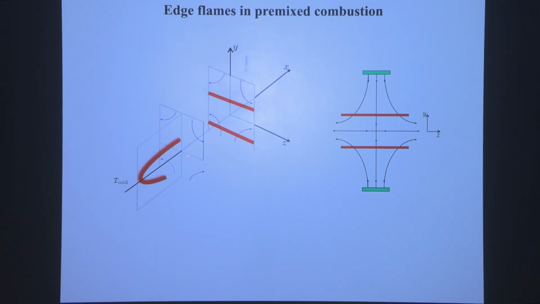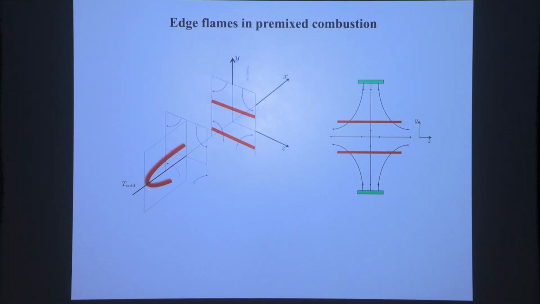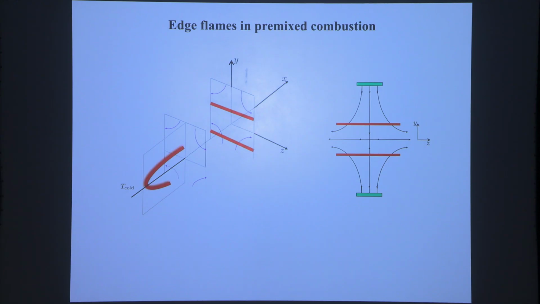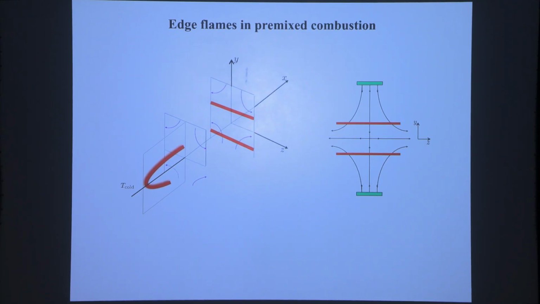But suppose that here now the temperature is cold, so the flame cannot extend all the way. So it will have to end somehow. And so it ends by having a curved section that connects the two, and that's what I try to describe here. So on this end, it doesn't extend all the way, so it will curve and it will create again an edge. So this is another possible configuration to study edge flames.